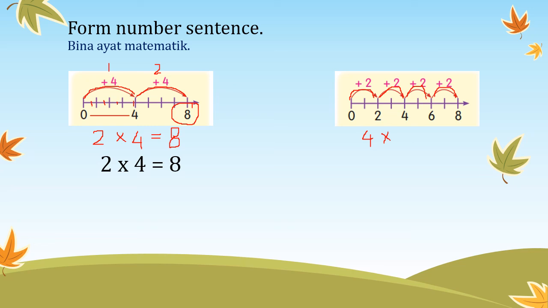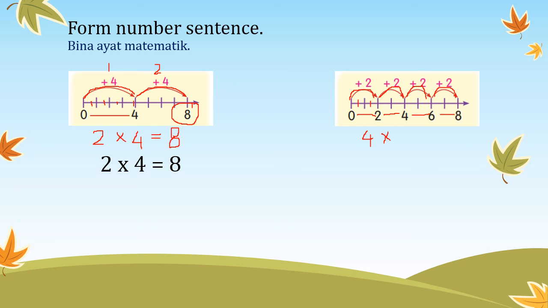0 to 2. From 0 to 2, we have 1, 2. 2 to 0 is also 2 juga. From 4 to 6 also 2. 6 to 8 also 2. So semuanya jaraknya satu lompatan 2, 2, 2, 2.